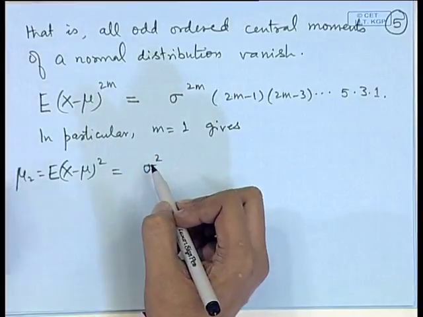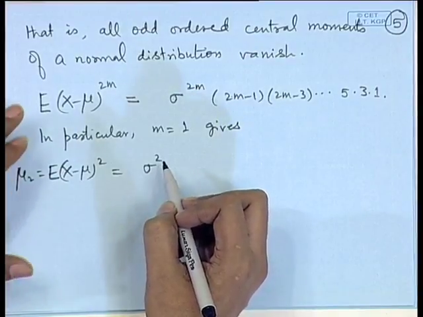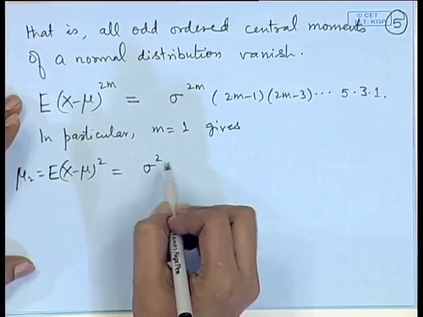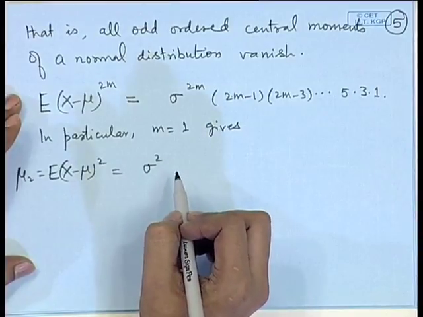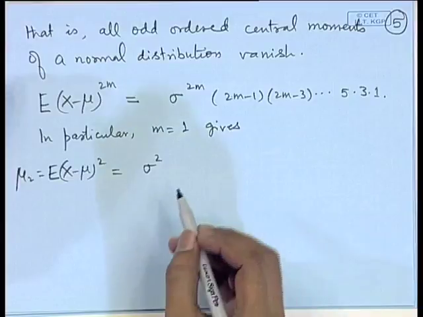The second central moment of the normal distribution, that is the variance, is sigma square. As we have already seen, generally mu and sigma square are used to denote the mean and variance of a distribution. So, the nomenclature comes from the normal distribution, where the parameters mu and sigma square actually correspond to the mean and variance of the random variable.